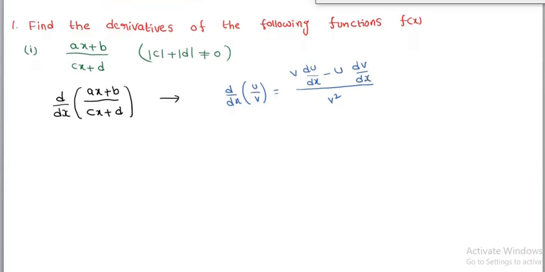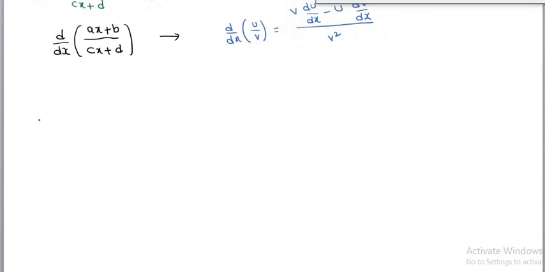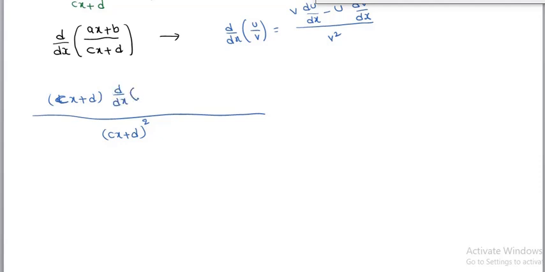So next line: by v square, (cx plus d) whole square. (cx plus d) into d by dx of (ax plus b), minus (ax plus b) into d by dx of (cx plus d).